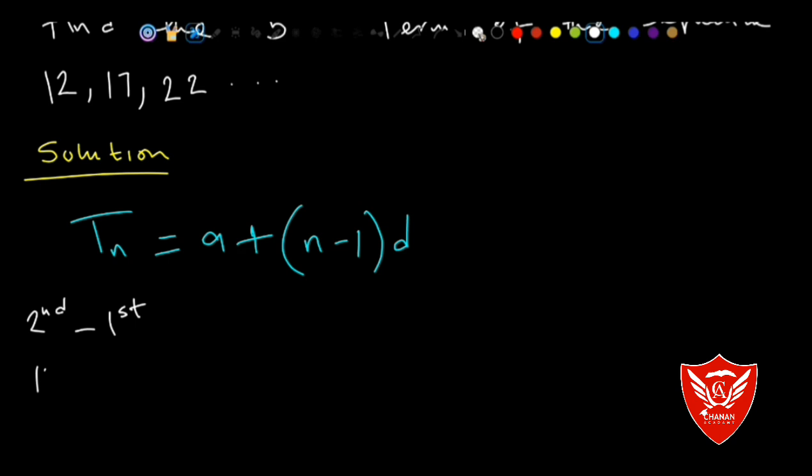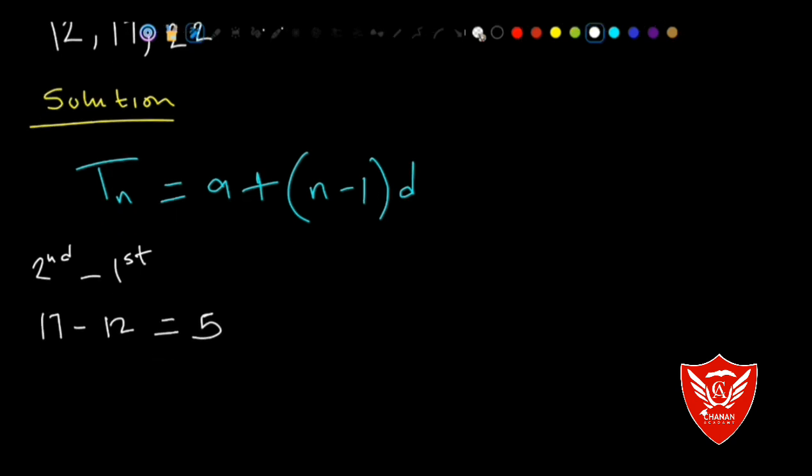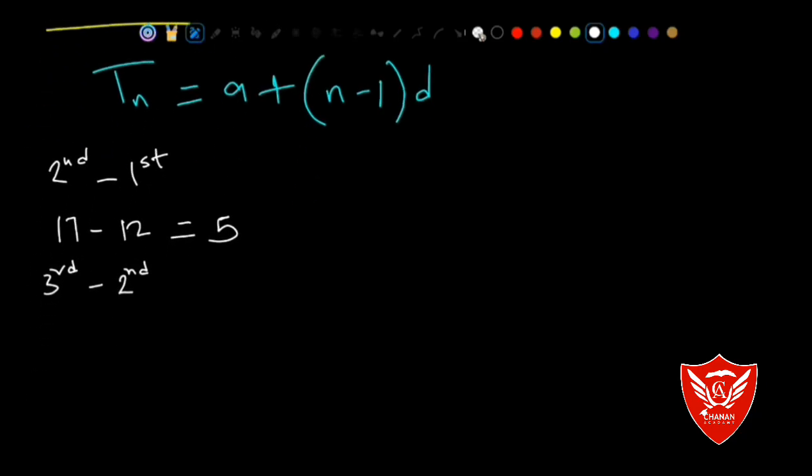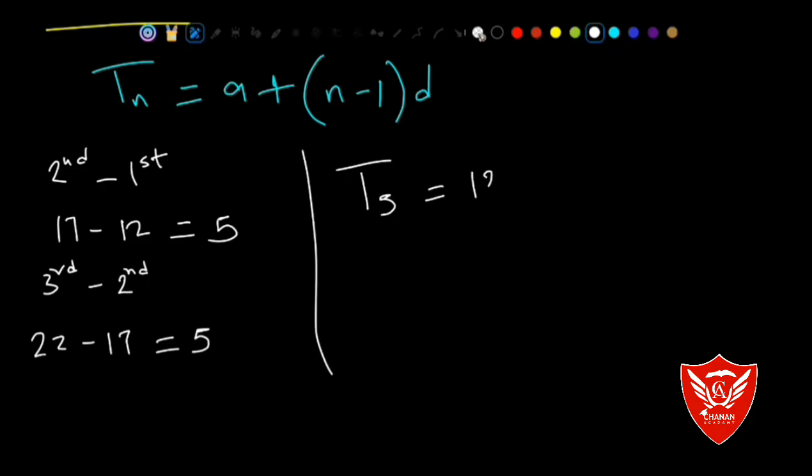So we have 17 minus 12, and that is 5. Let's say the third term minus the second term, let's be sure. So that will be 22 minus 17. And this is also equal to 5. So the common difference is 5. So we have the fifth term will be equal to 12 plus 5 minus 1 times the common difference, which is 5.